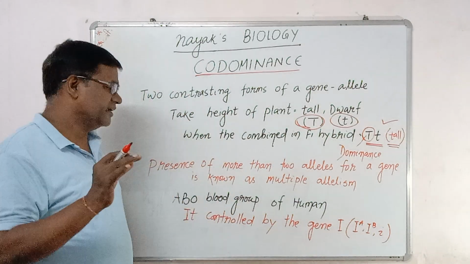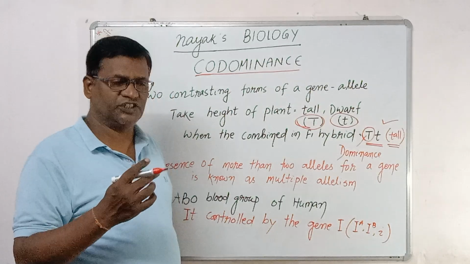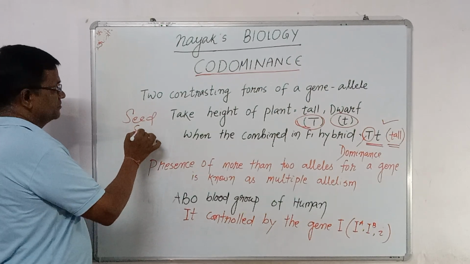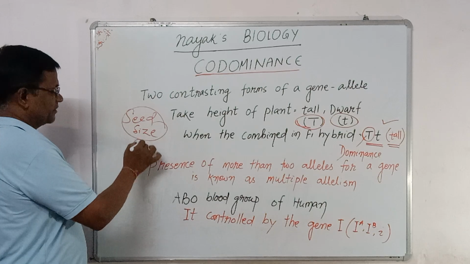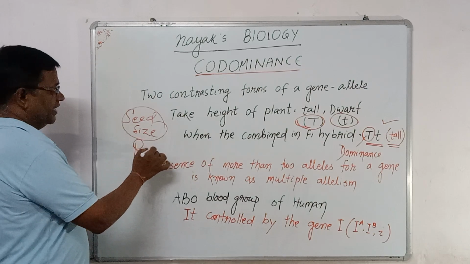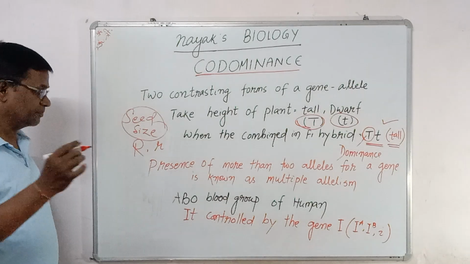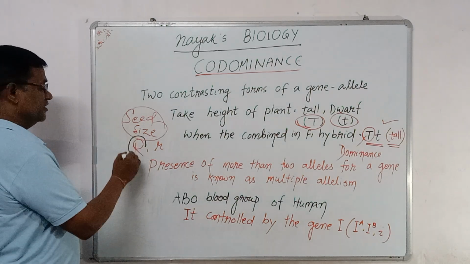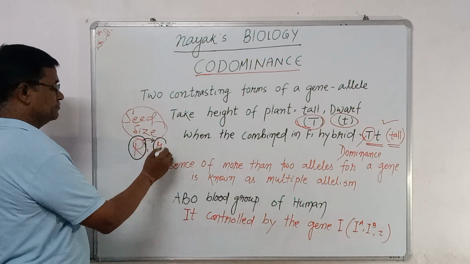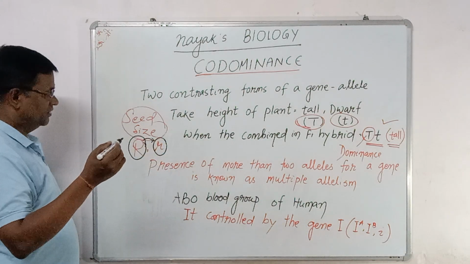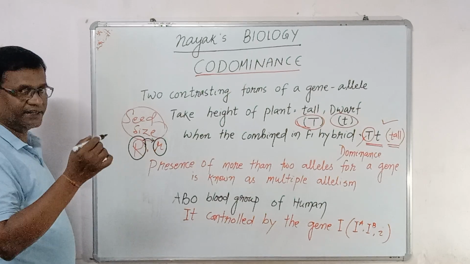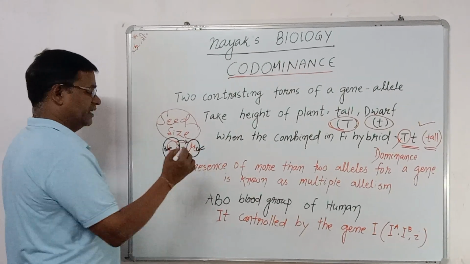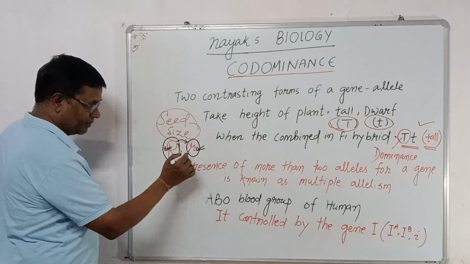Now take the example of the seed. If you take the seed size, it is round or wrinkled. Round is represented by capital R, which is dominant, and wrinkled by small r, which is recessive. The round character is dominant over the wrinkled.